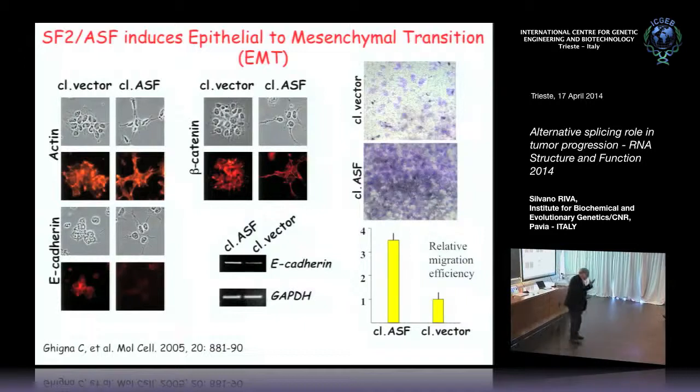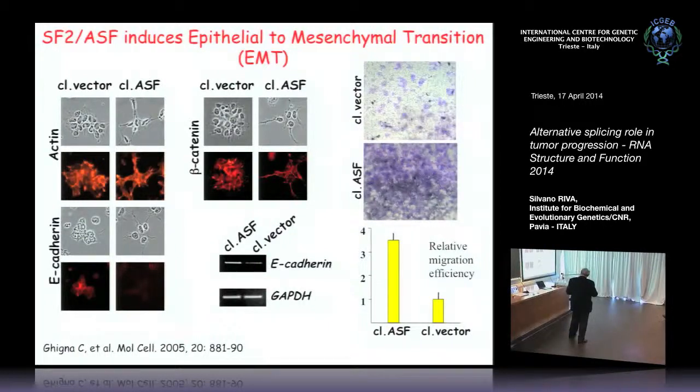And what does the production of this isoform do? It changes the nature of the cell. Just this tiny little event, skipping of a small exon, has incredible effects.